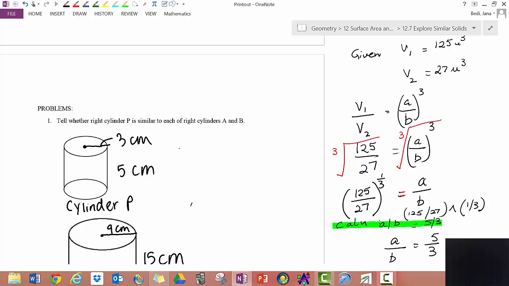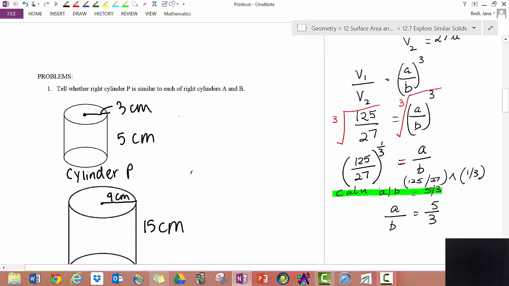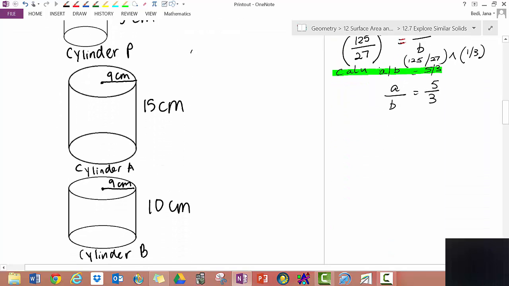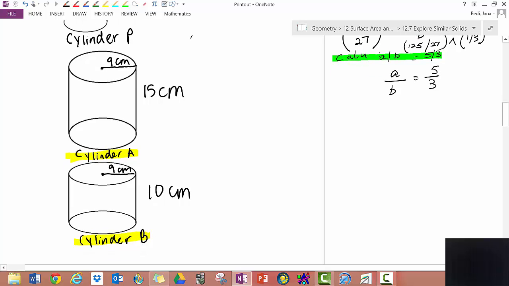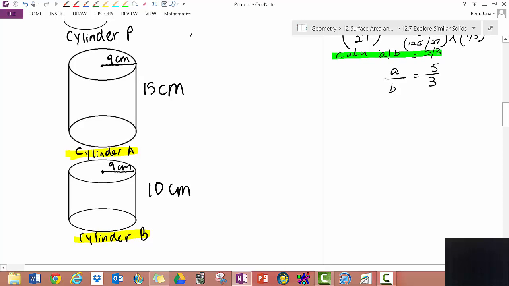Alright, let's look at these problems. Okay, so you have cylinders A and B. This is cylinder A and this is cylinder B. So check to see if the radii of the two, and the heights of the two, are in the same ratio.